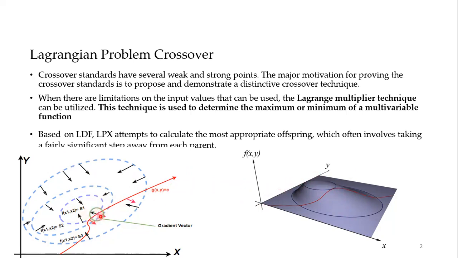And here in the green circle, we are putting a point where we have a gradient vector, which can be a constraint or limitation that we need to respect in our attempt.